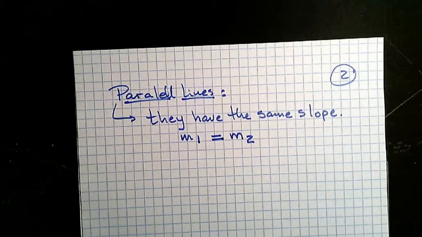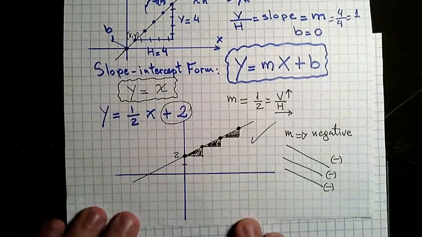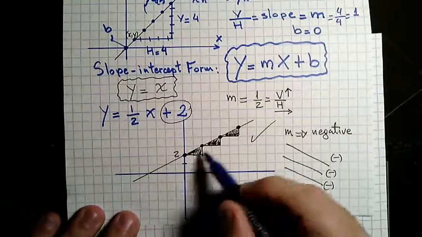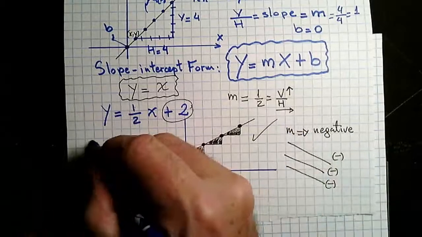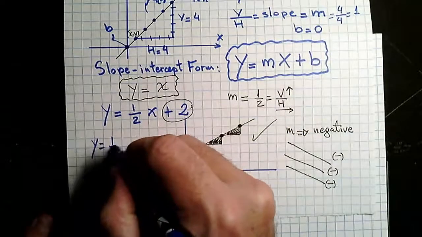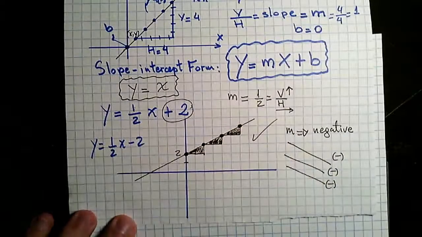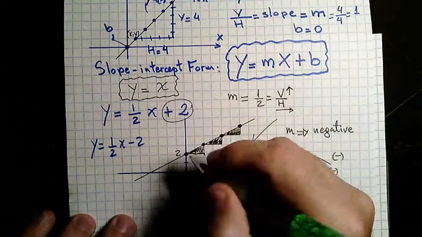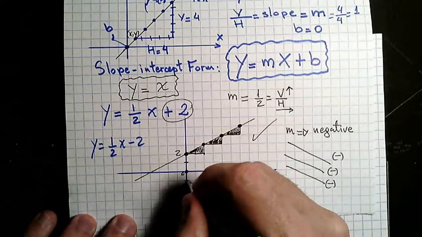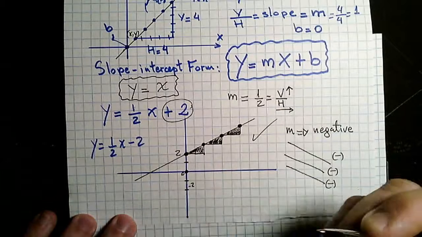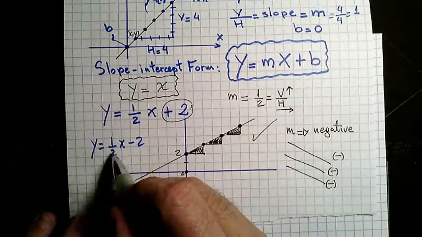So coming back to my previous graph here, how can I represent a line that is going to be like this, parallel to this one? Well, the line is going to be y equal to 1/2 x, but now a different intercept here, so -2. So instead of going here, I will go from 0, this is my 0, down 1, 2, -2 over there, and I have to build using the same slope.